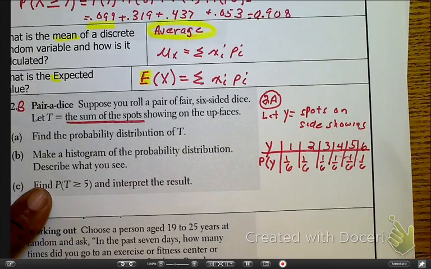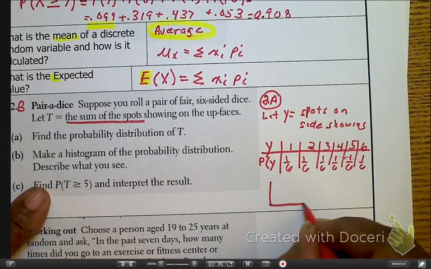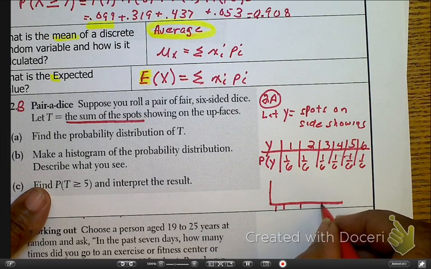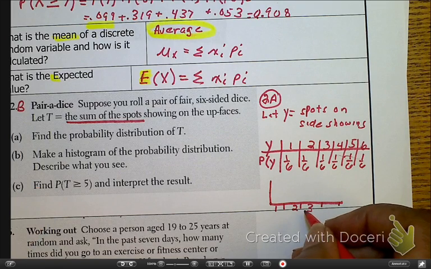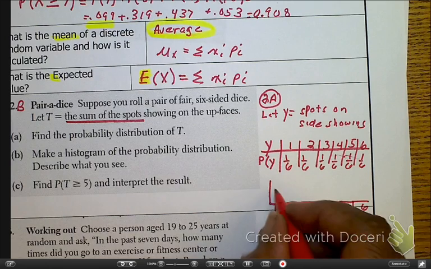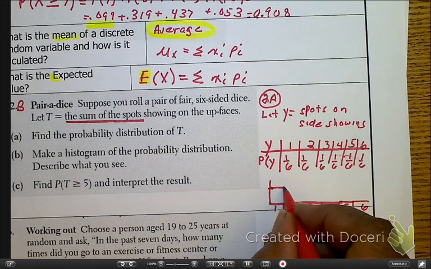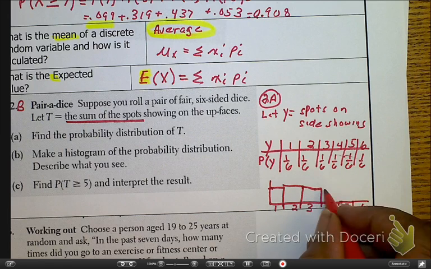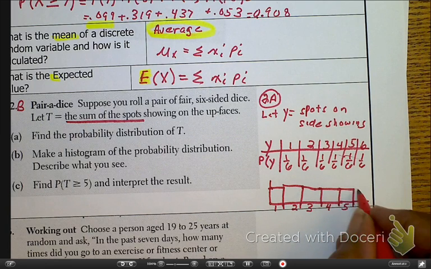You know what? I just changed my mind. Let's do the histogram. So here is your 1, 2, 3, 4. And we see that the probability is going to be the same. You have to excuse my drunk looking. Oh my gosh.